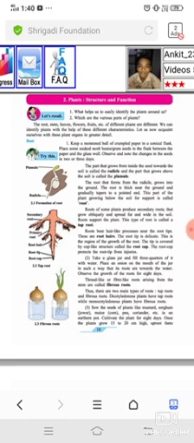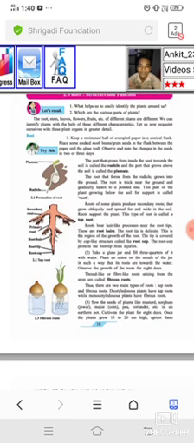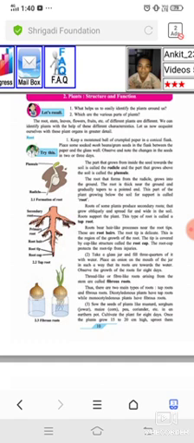Observe the growth of the roots for 8 days. Thread-like or beard-like roots arising from the stem are called fibrous roots.